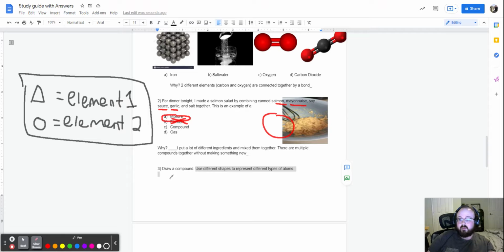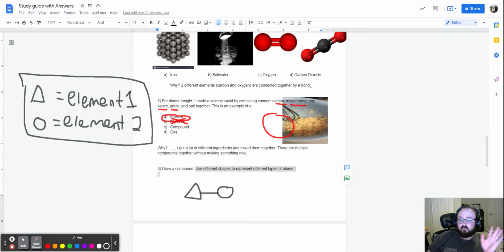So to draw a compound, we know that a compound is two or more elements of a different type, different types of atoms, that are connected via bonds. The very simplest compound we could draw would just be this.